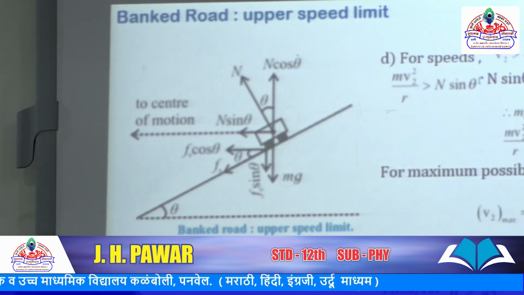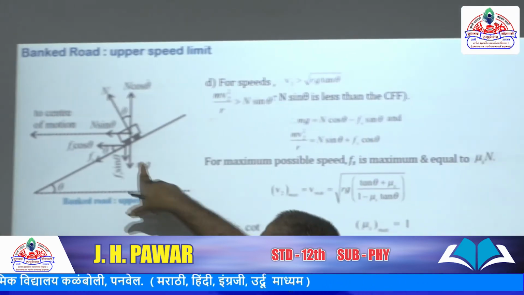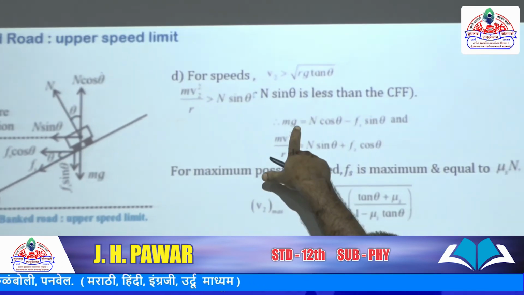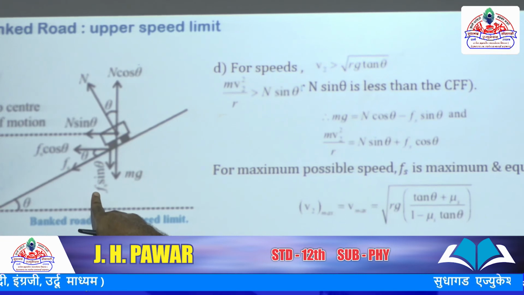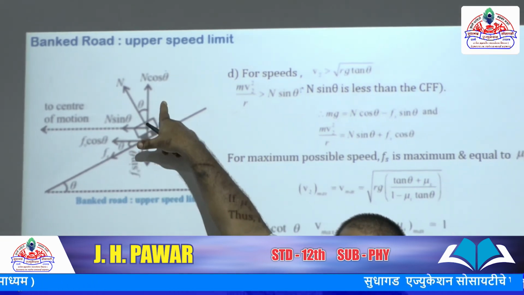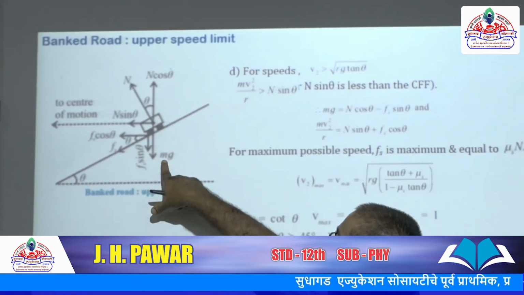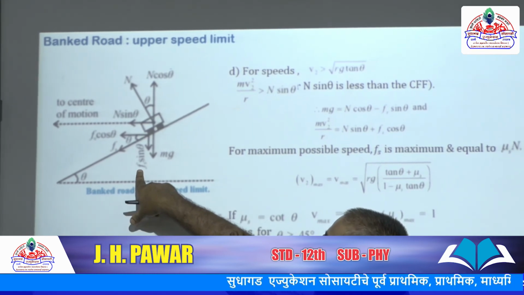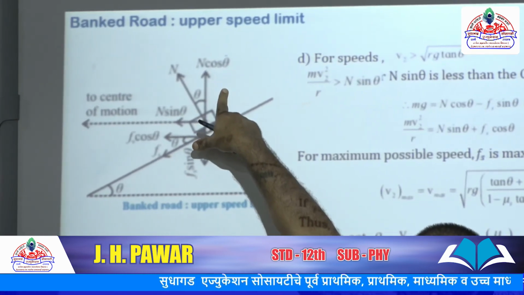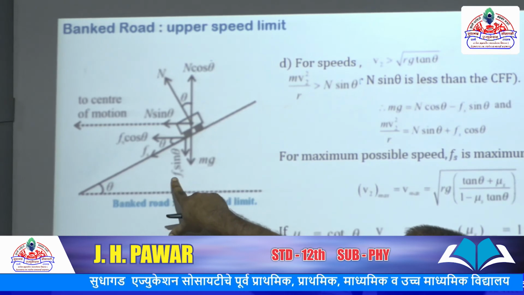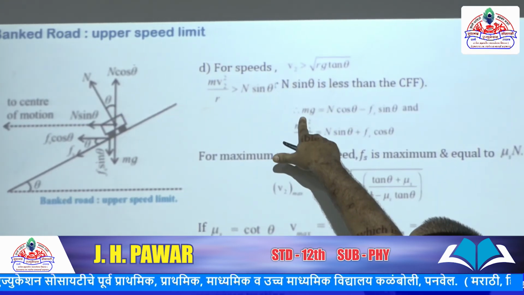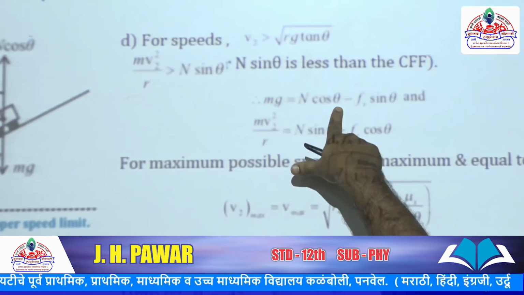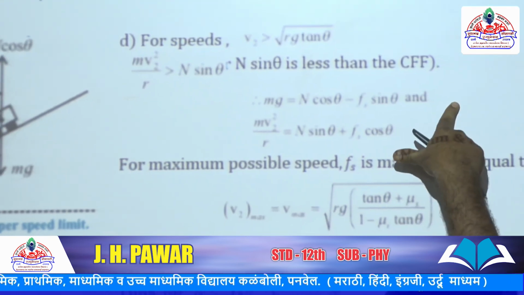Now again we go through the same thing, weight mg. You can take mg plus Fs sin theta equals n cos theta. Meaning Fs sin theta can be taken on this side, so mg equals n cos theta minus Fs sin theta.